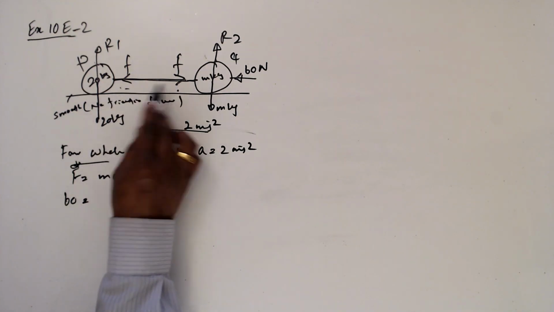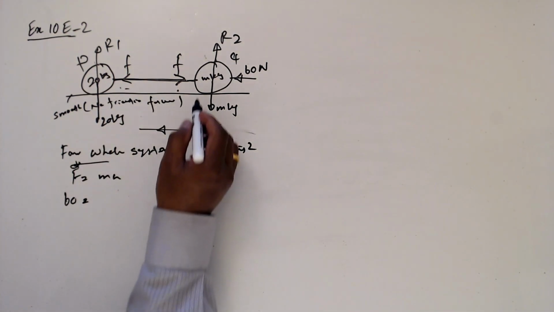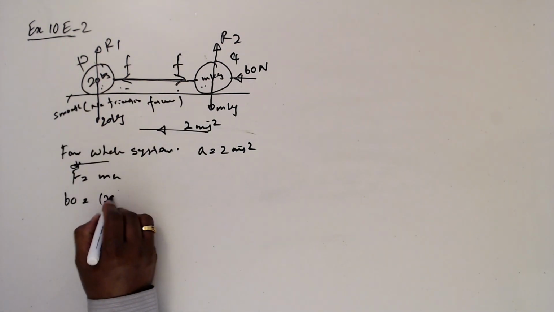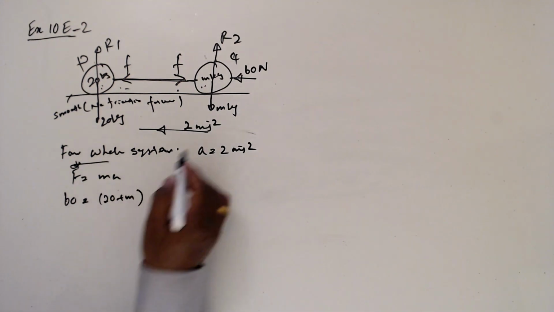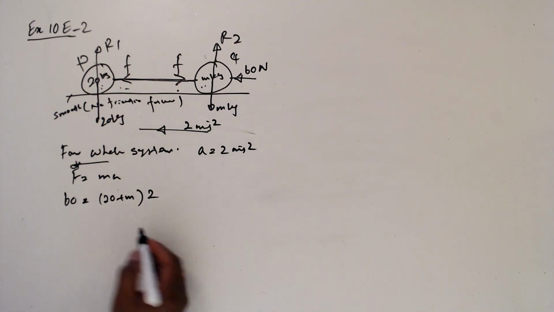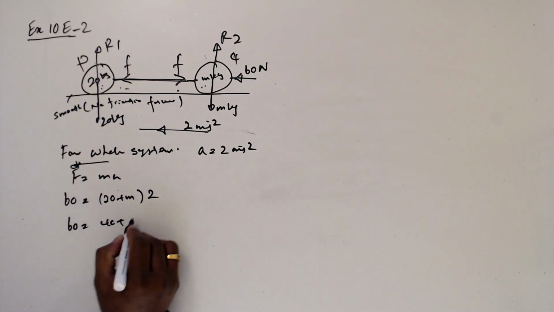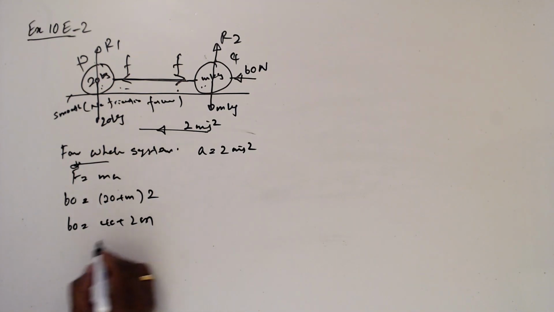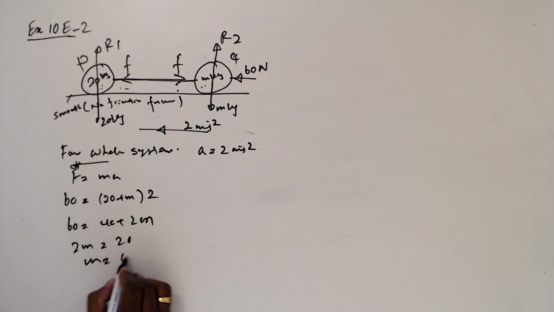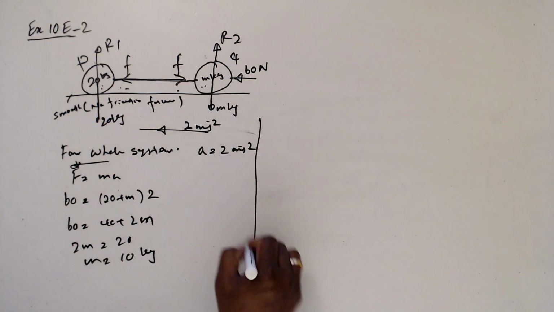Those are internal forces. The total mass is M plus 20, and acceleration is 2. Then from this equation we can simplify: 60 equal 40 plus 2M, 2M equal 20, M equal 10 kg. So now we know the M value.